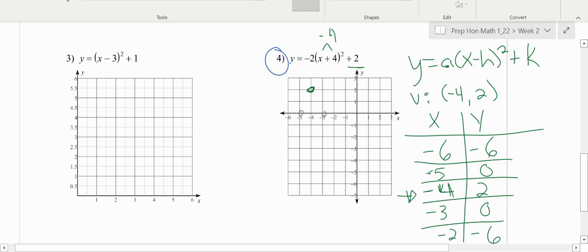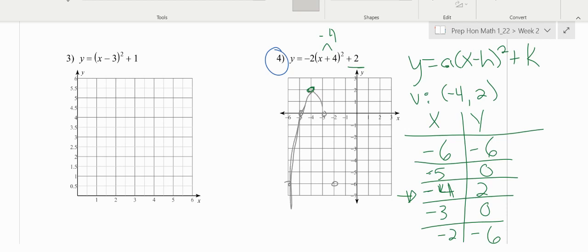And then we have here -2, 6, and -6, -6. And then we would go like that. And so this one isn't a coincidence that it opens downwards. And it's actually narrow because of that too. But again, same concept.